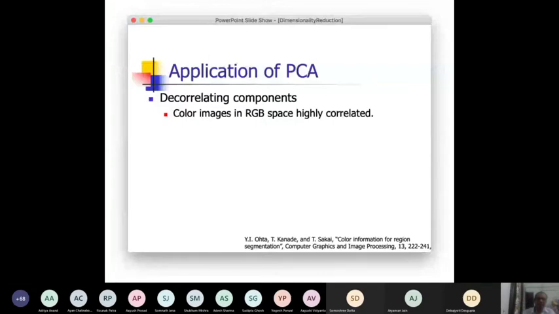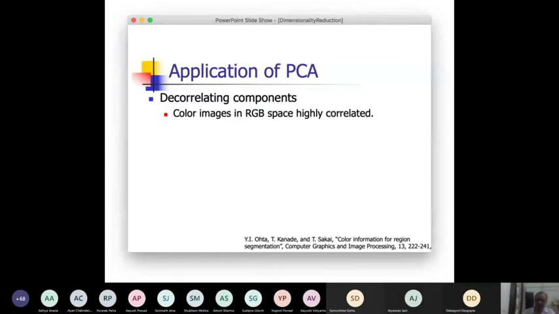Now, they are very highly correlated. One thing in the color representation is that there is a luminance part, which roughly indicates the brightness, the amount of intensity in the color itself, and the other one is the chrominance part, which is the colorness.